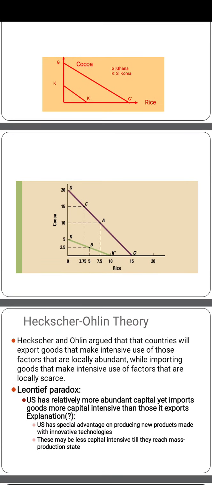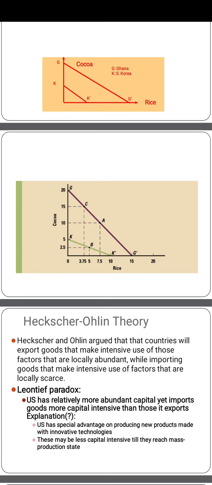So here, if country A, or country Ghana, can produce good X at a lower opportunity cost than country South Korea, then country Ghana has a comparative advantage in the production of cocoa.